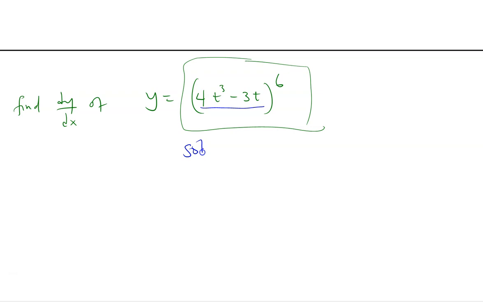So you are going to let u of t, this time it is t rather than x, be equal to 4t cubed minus 3t. So what will be du on dt? It is simply going to be 4 times 3, which is 12t squared minus 3.